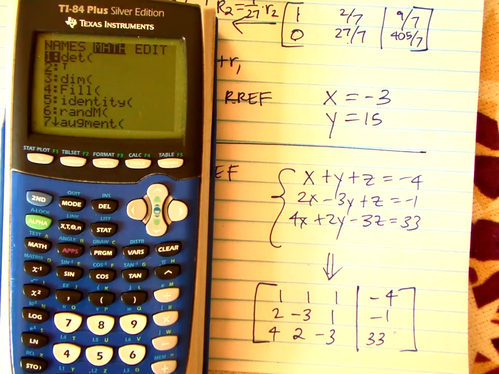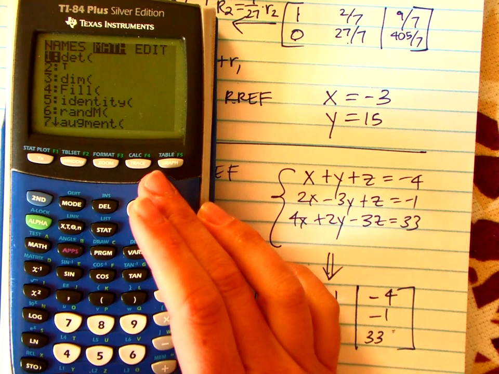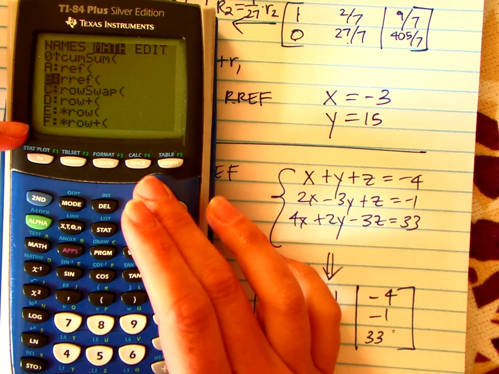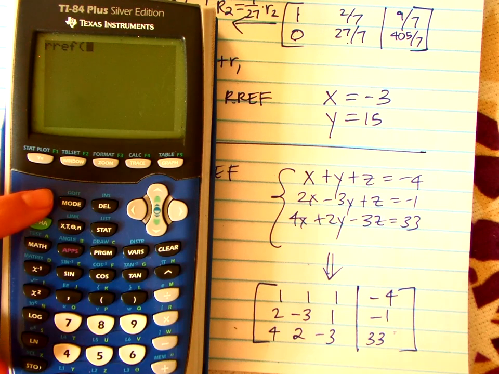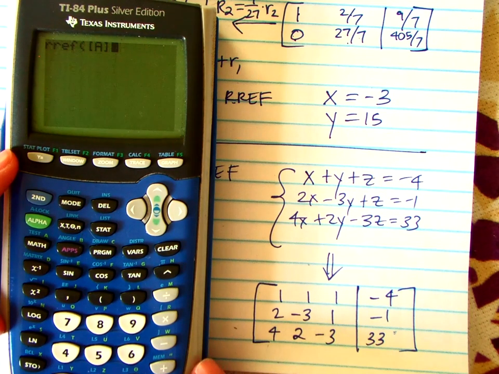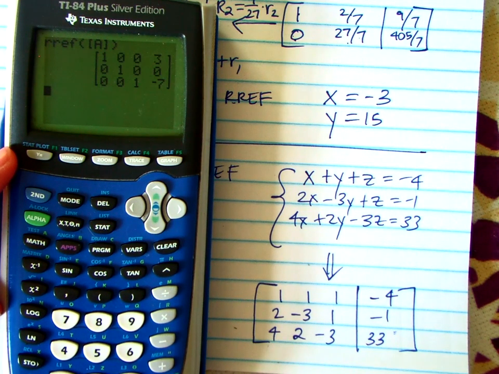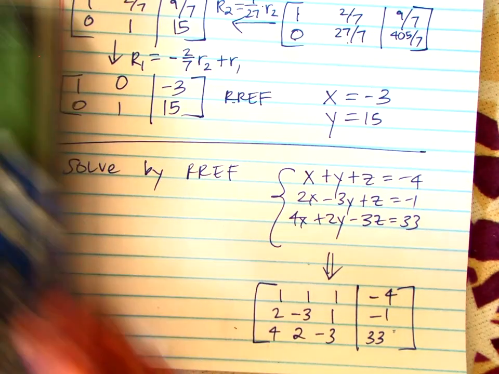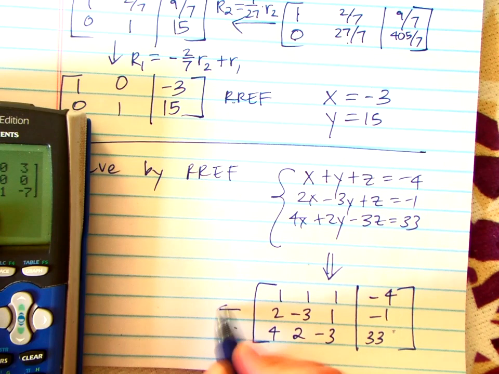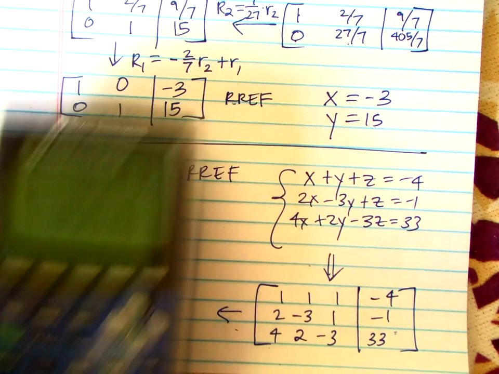There's a lot of different things in here, and we'll talk about not every single one of them, but quite a few of them. We want reduced row echelon form. I put this all in matrix A again, hit enter, and without doing any of those ugly row operations, it puts this in reduced row echelon form.